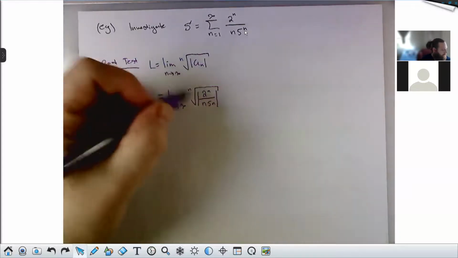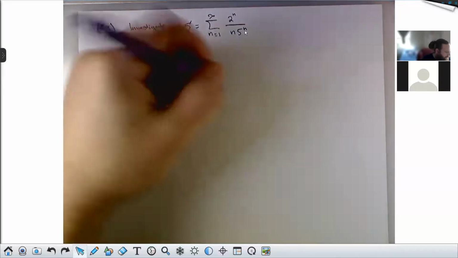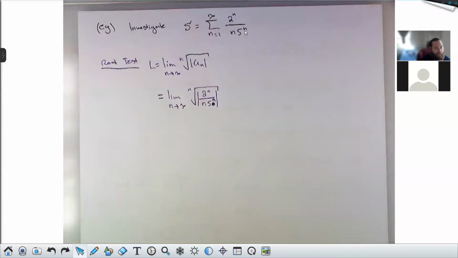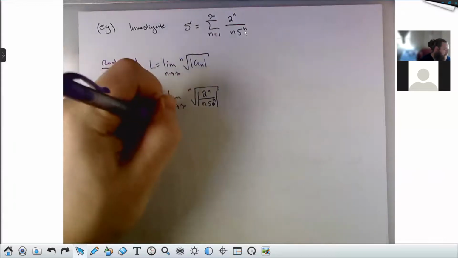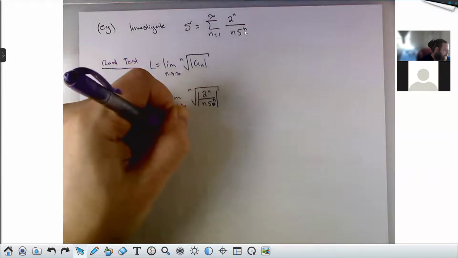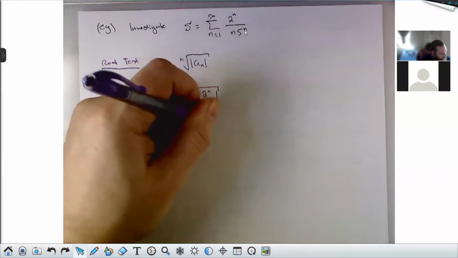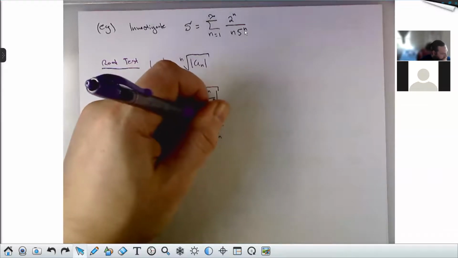Now, thankfully, 2 to the n is positive, n is positive, and 5 to the n is positive. Everything here is positive, so the absolute values just go away. And we get the nth root of 2 to the n divided by n times 5 to the n.